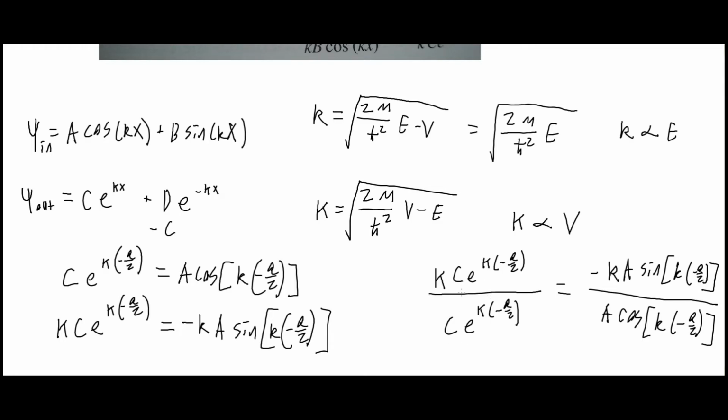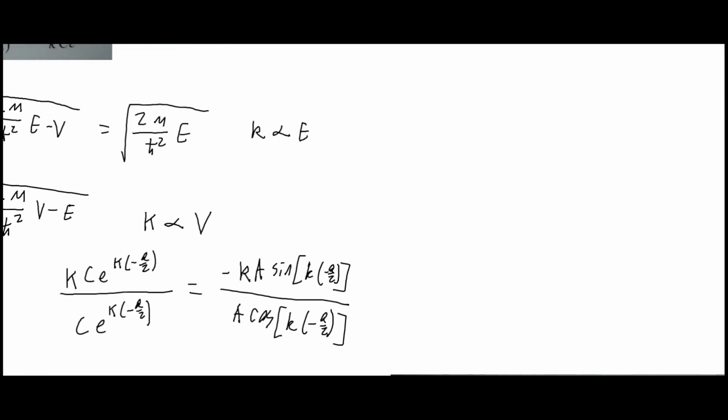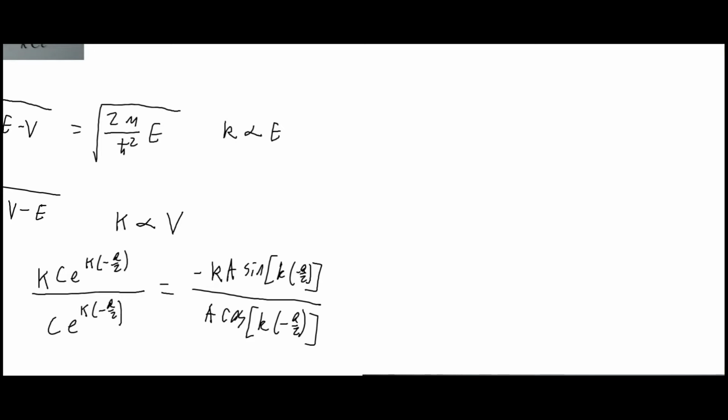I'm not going to go through all the algebra and so forth, but what we end up with is kappa equals minus k tangent of minus k a over 2, which is also equal to positive k tangent of positive k a over 2.